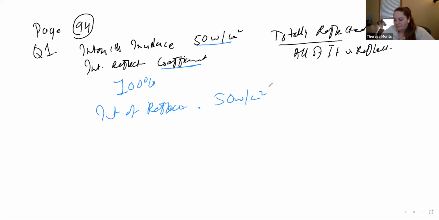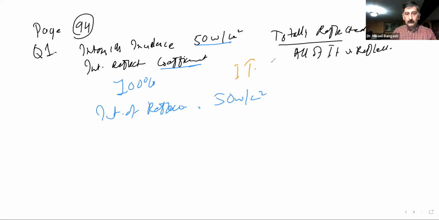Yes. Okay. Same question, but in the last sentence it asks, what is the transmission coefficient? Of course, if 100% of it is reflected back, then you will say that would be 0%.